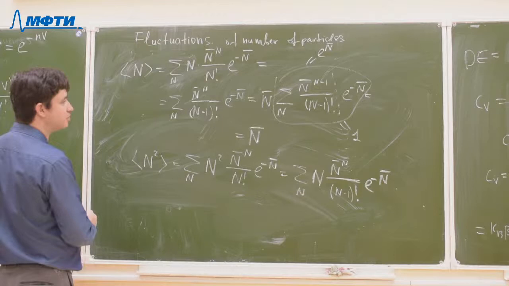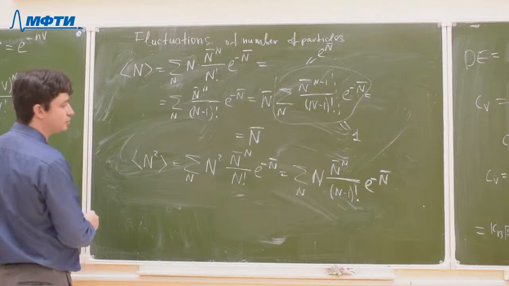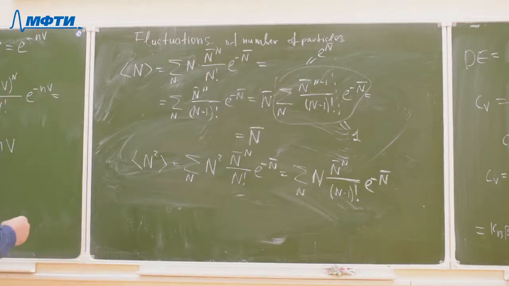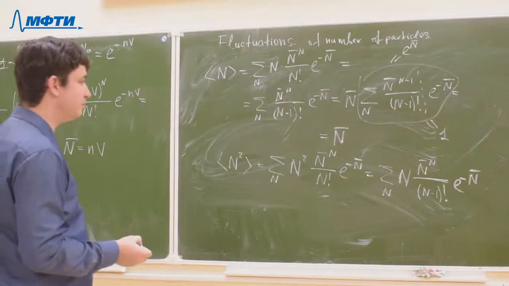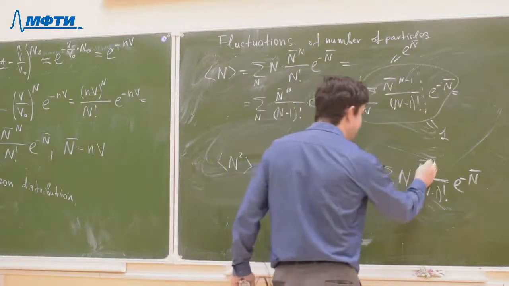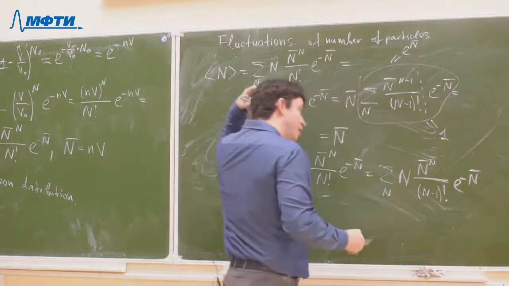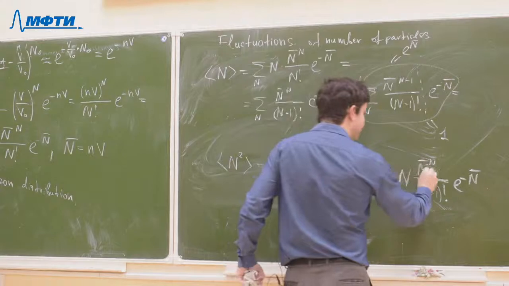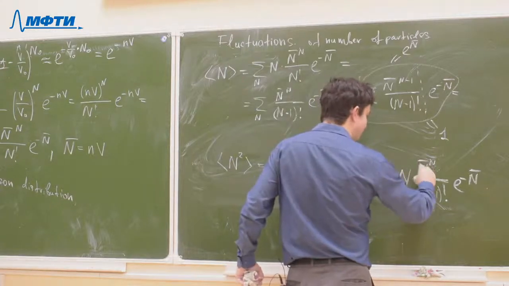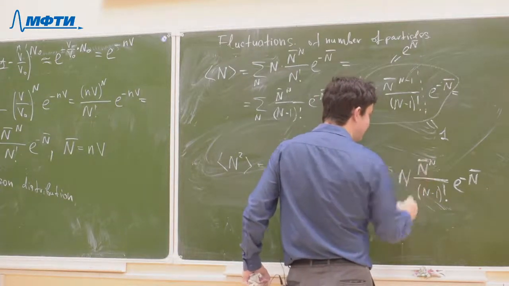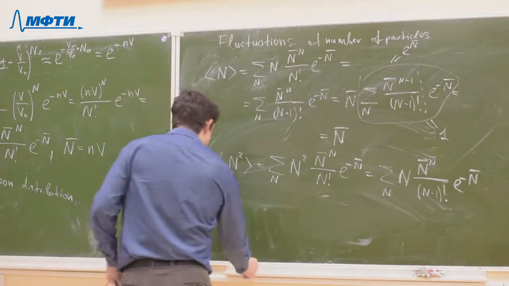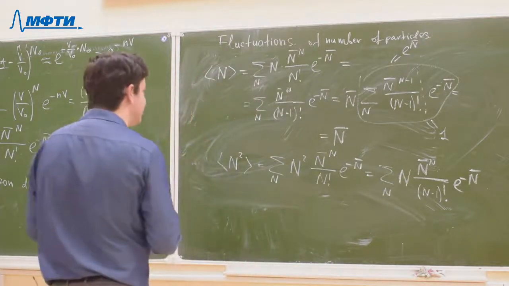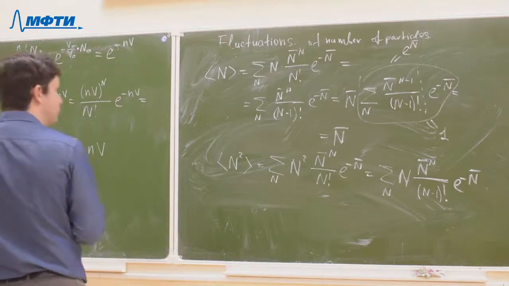Actually, we can do something similar to what we have done with the partition function, where we took derivatives over some parameter. We can do derivatives over a parameter. And as a parameter here, we have this n with this line. This is a parameter of our distribution. So let's see what would happen if we take a derivative over the parameter of the distribution.